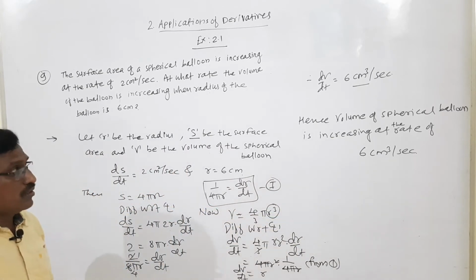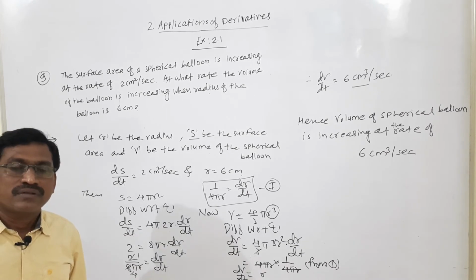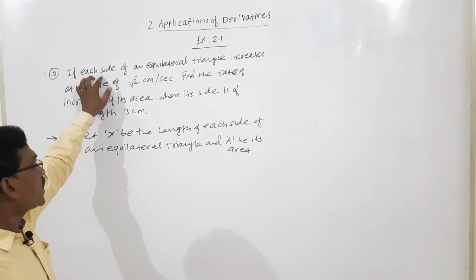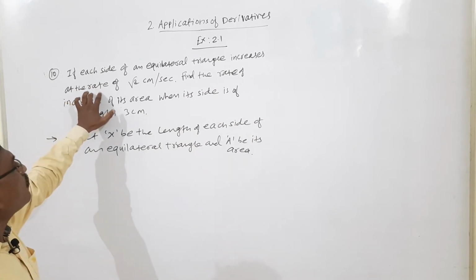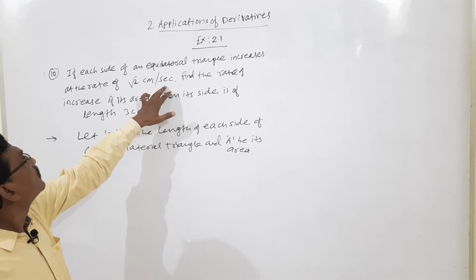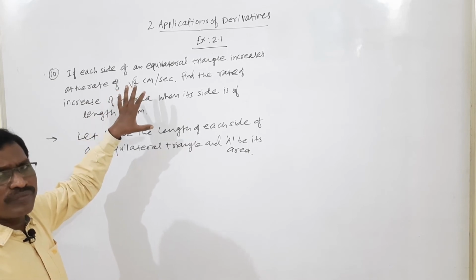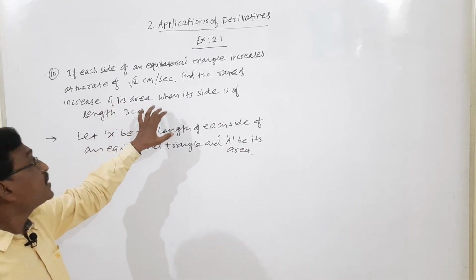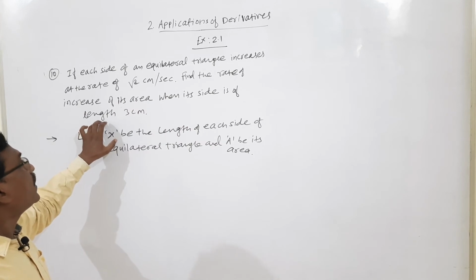Now we will take the next example. The example is: if each side of an equilateral triangle increases at the rate of root 2 centimeter per second, that means we are given the increasing rate of each side, find the rate of increase of its area when its side is of length 3 centimeter.